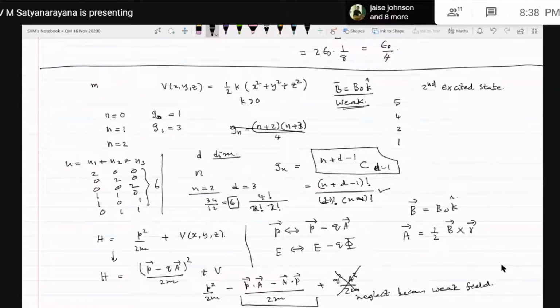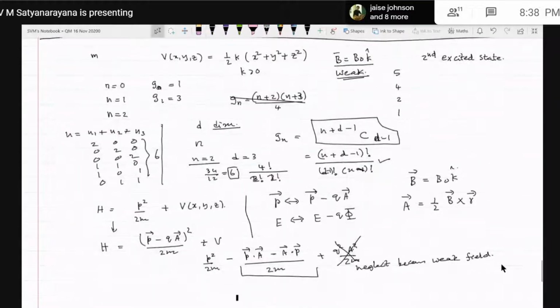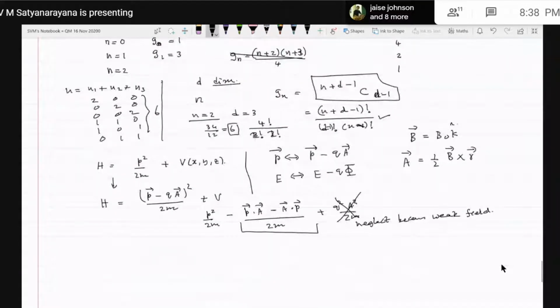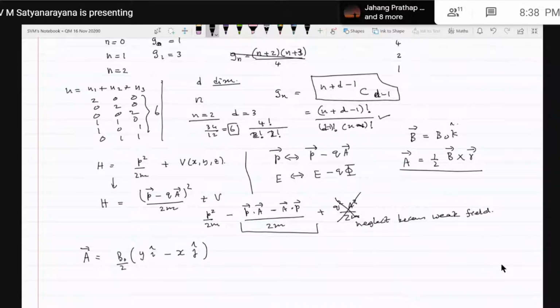Now it turns out that you can write this A as B naught by 2 into (y times i minus x times j).